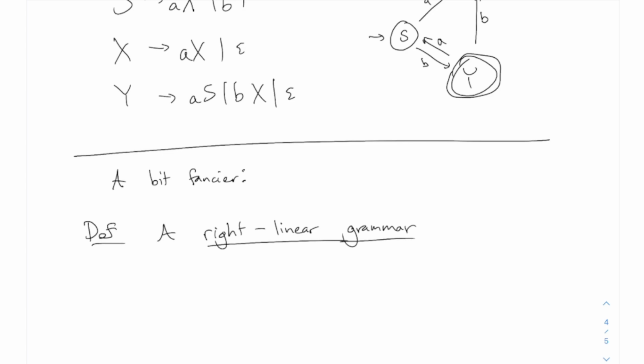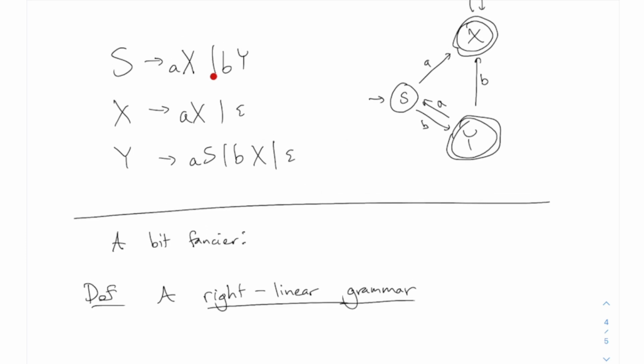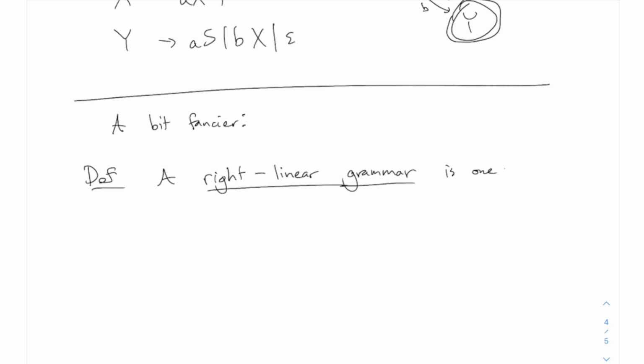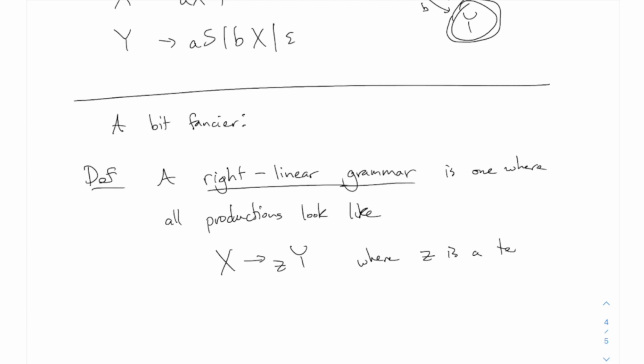The only difference is, up here, every production in a single step has to have just one terminal. A right linear is allowed to have more than one terminal letter here. So it can have a whole string. So a right linear grammar is one where all productions look like X goes to ZY, where Z is a terminal string, not just an individual letter, but a whole string.